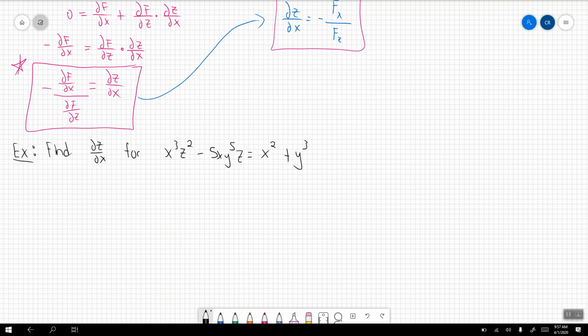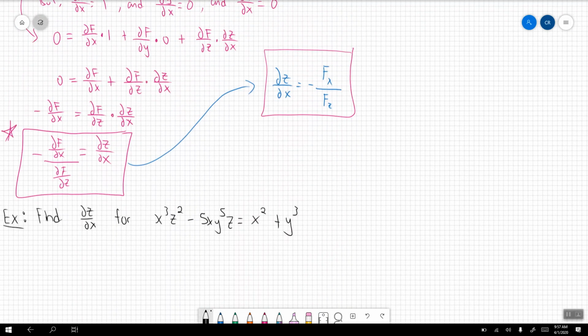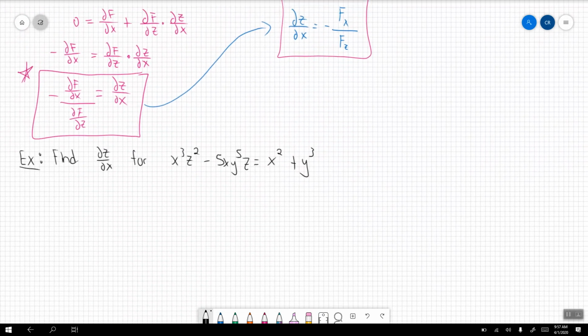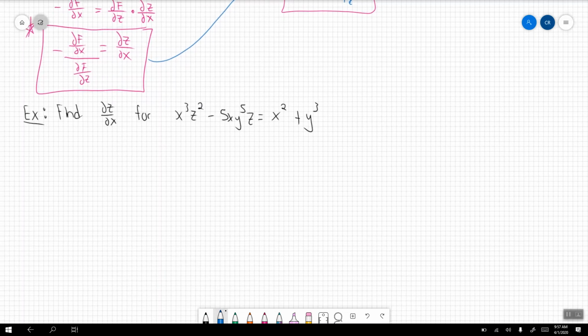Now, spoiler alert, you already know the answer to this, because again, we did it in the previous section. But we want to reapproach it now with this newfound method. All right, so instead of doing this implicitly, can we then use this process up here? Well, sure, let's see if it's going to get us the same answer. The first thing I'm going to do is define a new function.